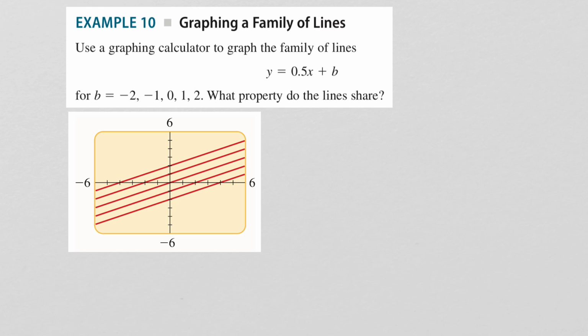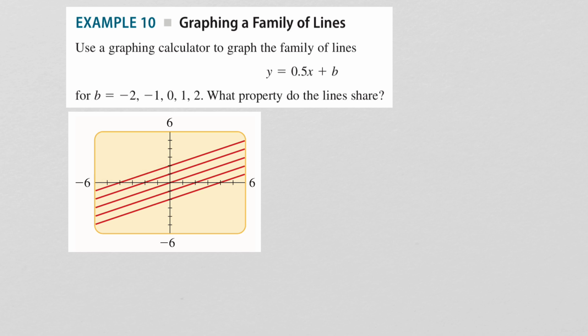You can use a graphing calculator to graph a family of lines. So consider the family of lines y equals 0.5x plus b, where b can be any number, let's say. So what this means is we're graphing a family of lines where the slope is always 0.5 or 1/2, but it has different y-intercepts. So these are going to be a bunch of parallel lines, right?